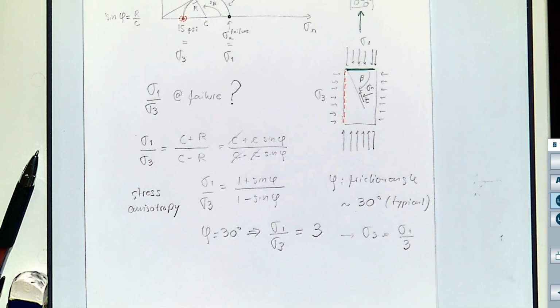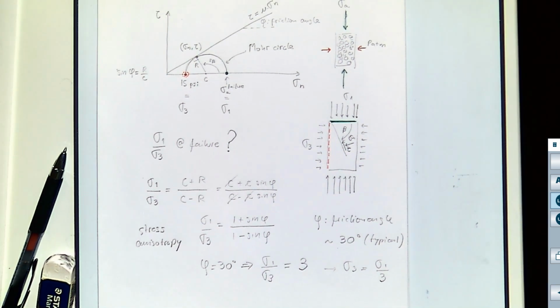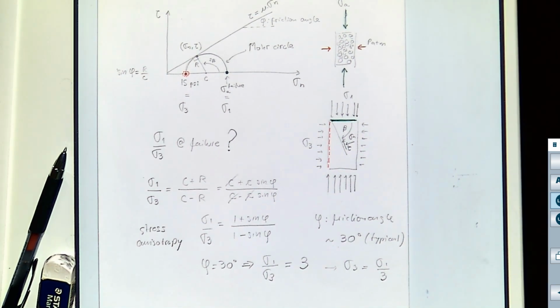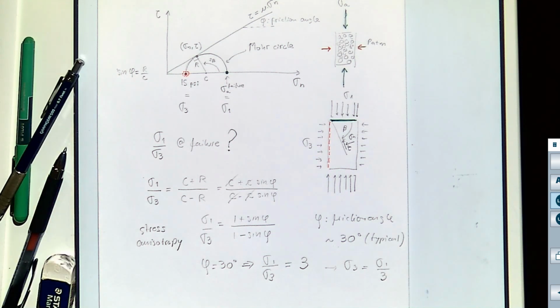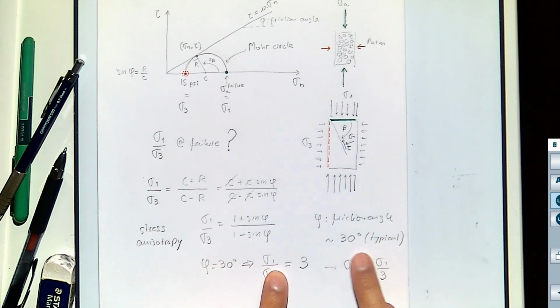But for now, what I want you to remember is that when you subject a solid to compression, even if it's not cemented, it can resist a stress which is higher in one direction as long as you have another stress in the perpendicular direction. And the maximum value is going to depend on the friction angle.